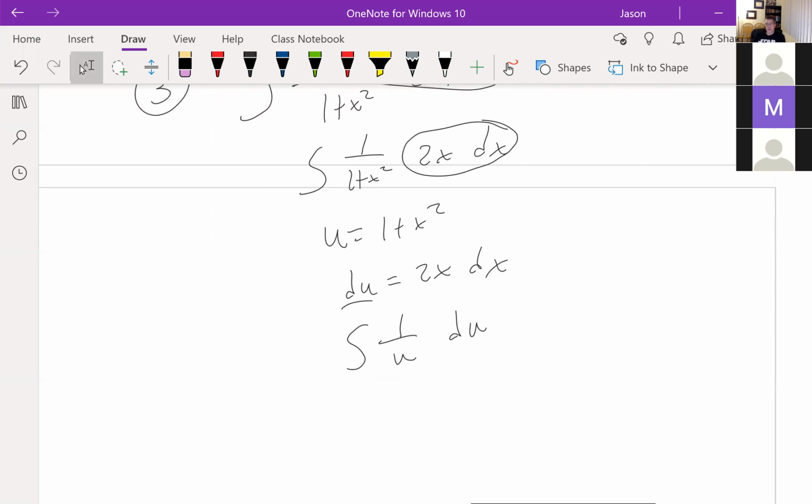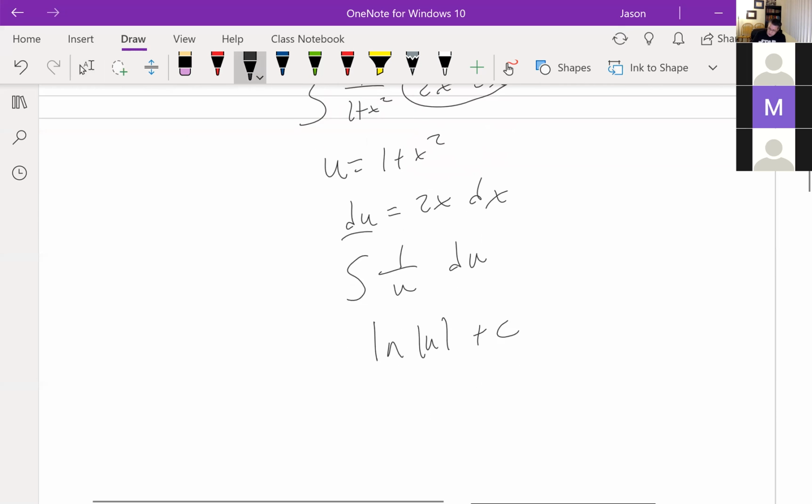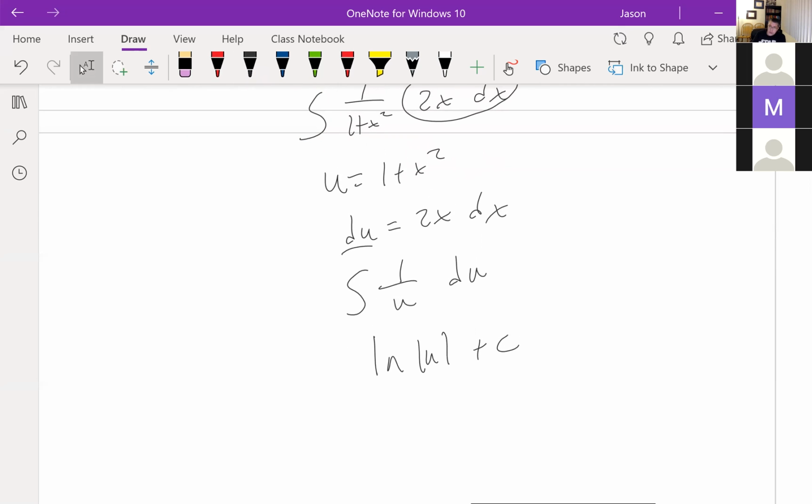Does anybody remember what the integral of 1 over u is? Any ideas? Yeah, very good, Oscar. It's natural log, yes. Natural log of u, plus c, always plus c. Natural log of u plus c.